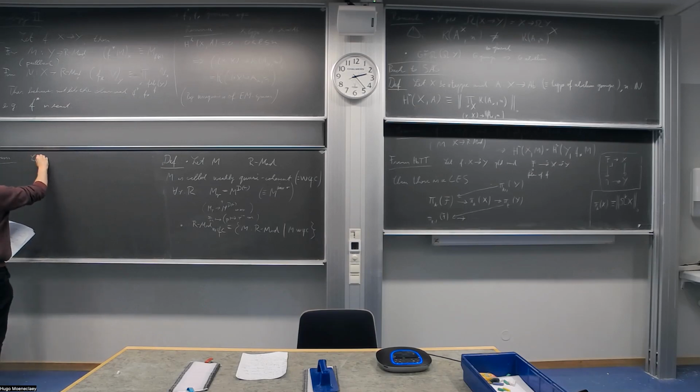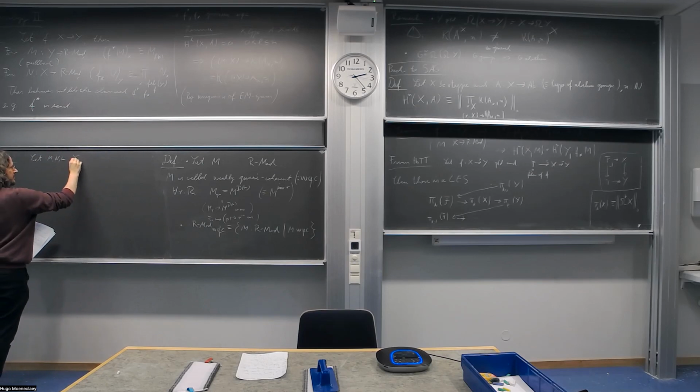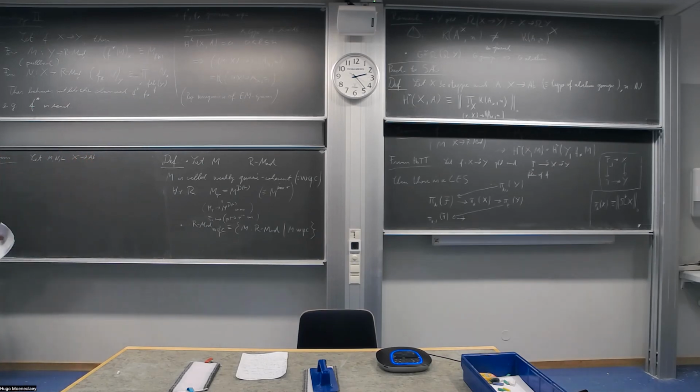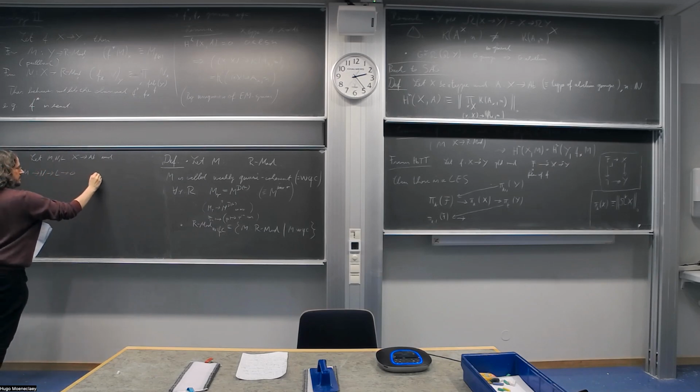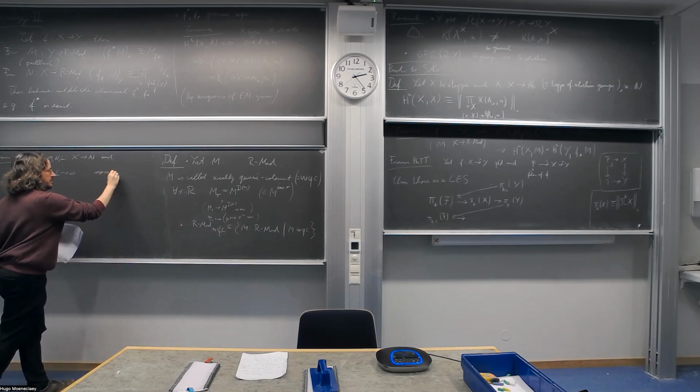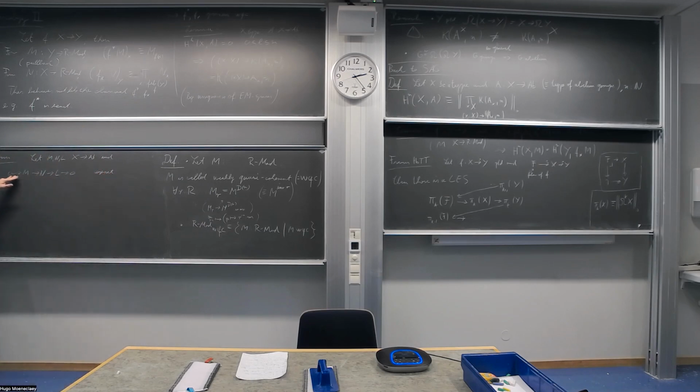So if you have just some arbitrary type and coefficients like this, such that you have a pointwise short exact sequence, then when I say this sequence is exact, it means pointwise for every little x you have a map between the modules.